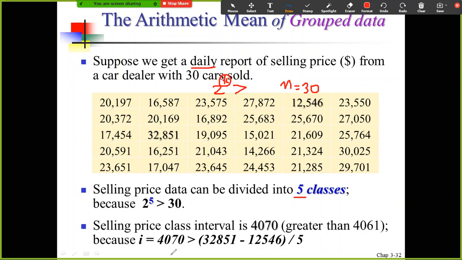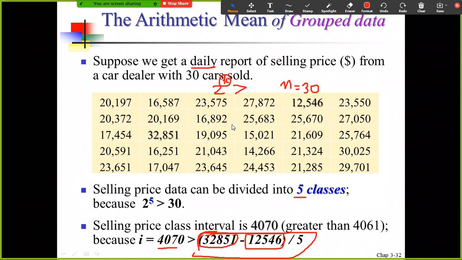What is I? I is 4070. This is what I said, because 4070 is bigger than this calculation. This is the highest price, the most expensive car sold, and this is the cheapest car sold. Based on step 1, step 2, but I'm not focusing on the 5 steps because we already did them, so I skip it.